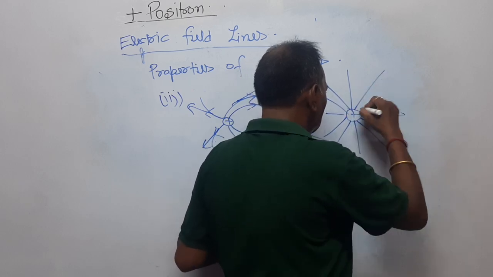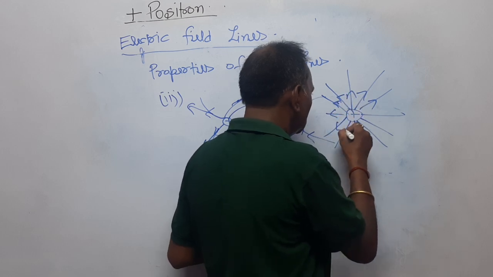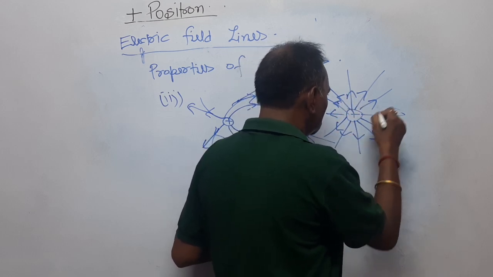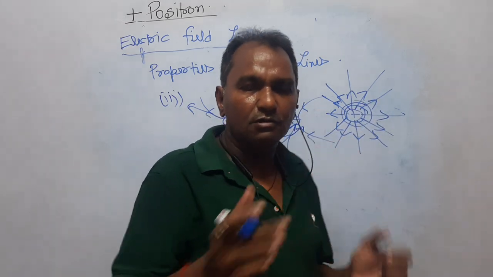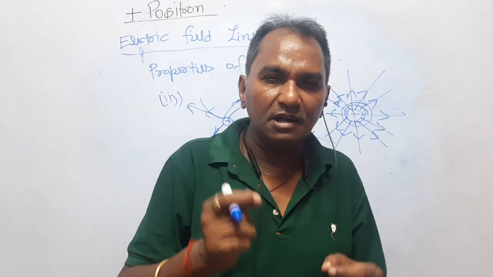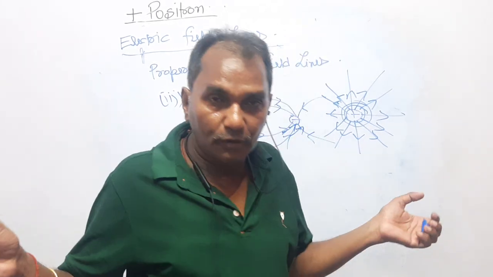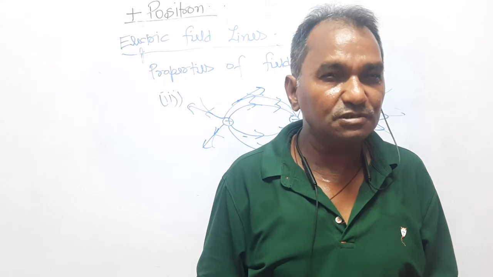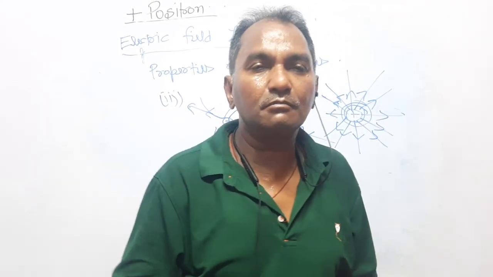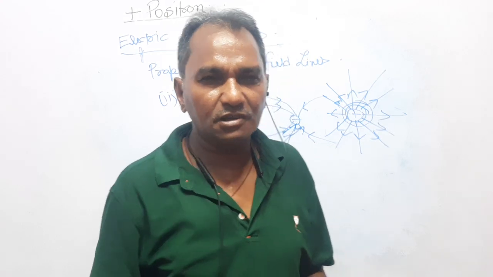Close to the charge, per unit area the number of field lines is very large, and if you move away from the charge, the number of field lines per unit area becomes less. The number of field lines per unit area represents the strength of the electric field.